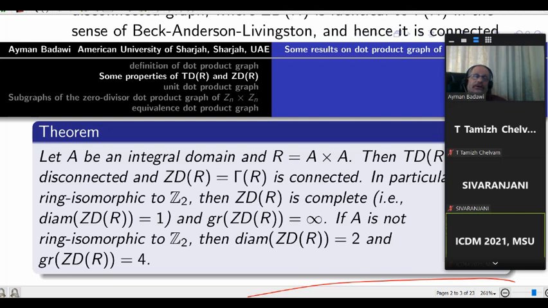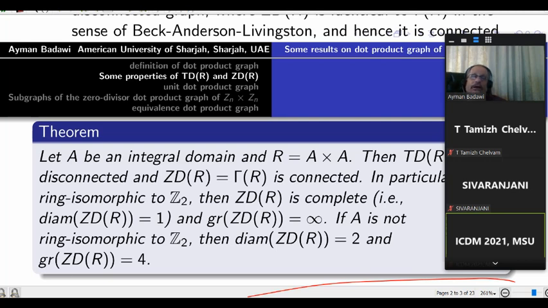Well, maybe I should not say completely. Well, it's disconnected. And the zero dot product graph will be equal to the classical zero divisor graph, which is connected. And here I mention in particular that A will be ring isomorphic to Z2.